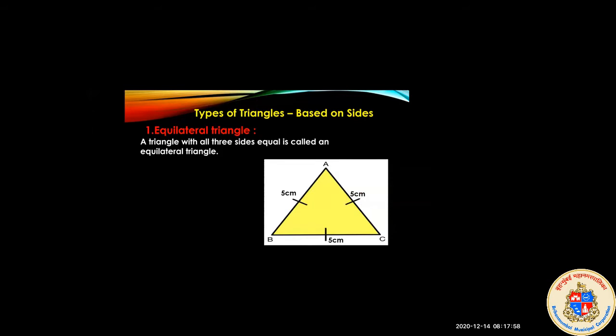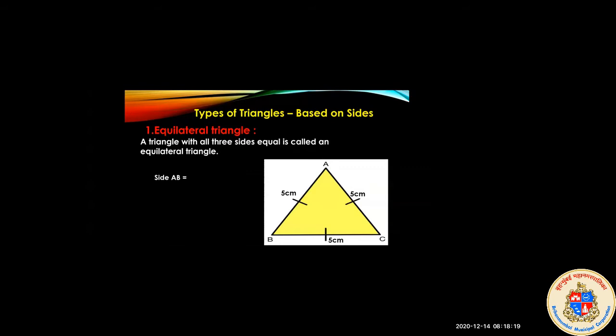Now what is an equilateral triangle? A triangle with all three sides equal. Equal means when there is an equal measurement on all the sides. So when there is an equal measurement on all the sides, then that triangle will be an equilateral triangle.